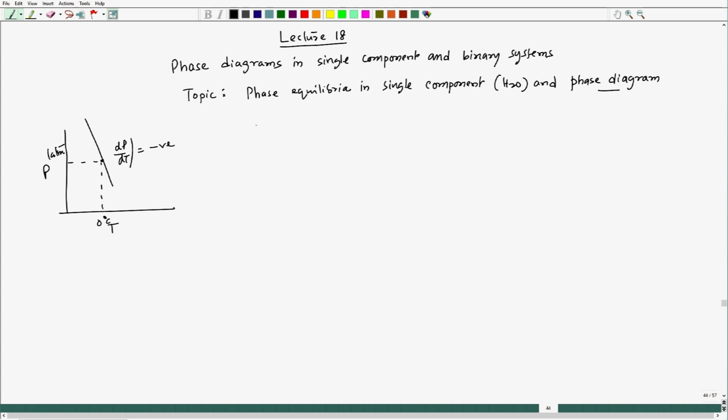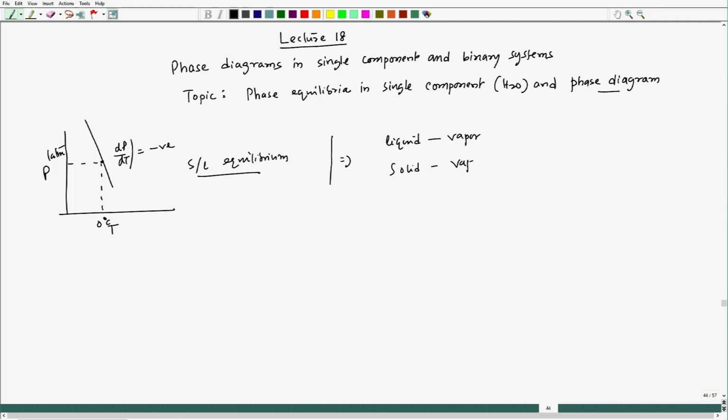Now, we will continue; this is for solid liquid equilibrium. Now, we will try to do it for liquid vapor and solid vapor in case of the water system.